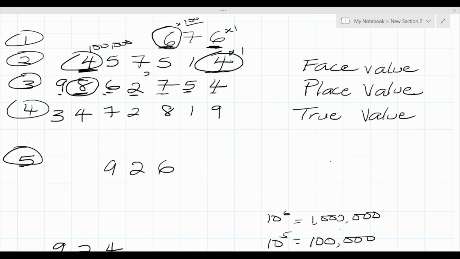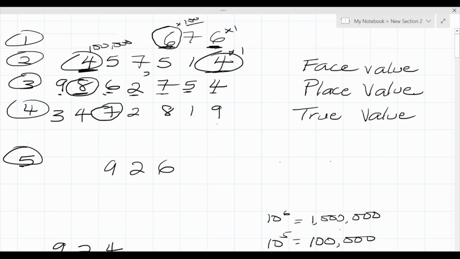All right, let's go to number 4. What is the place value of the 7 in the number 3,472,819? And here we have that one. So what's the value of this?